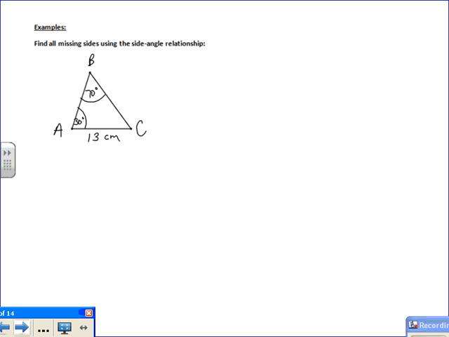That's all we're given, and we're asked to find the remaining missing sides using the side angle relation. We can also figure out the angle C quite quickly as well.